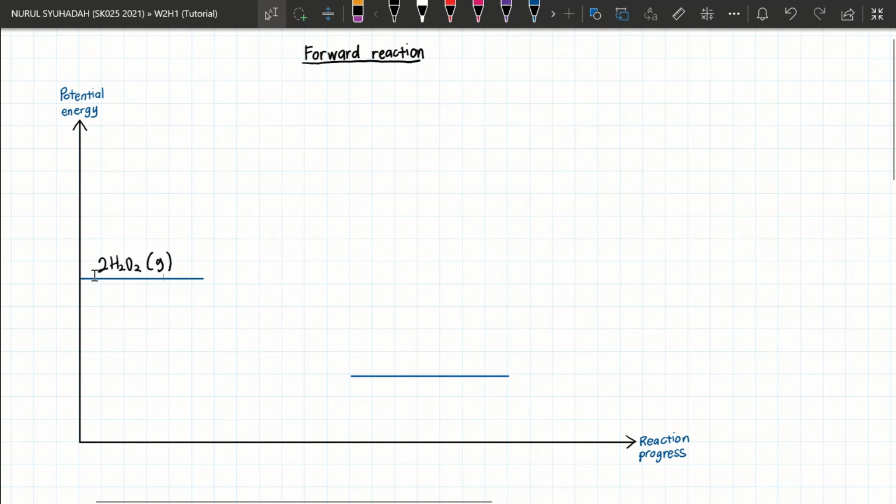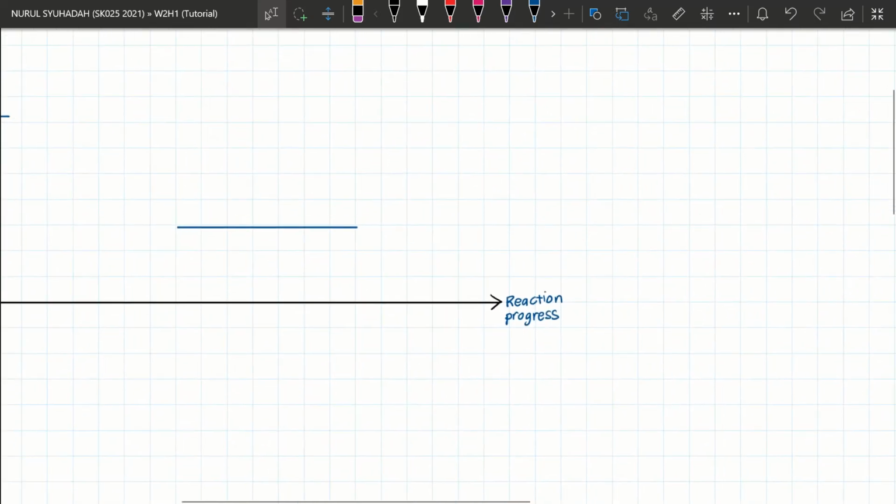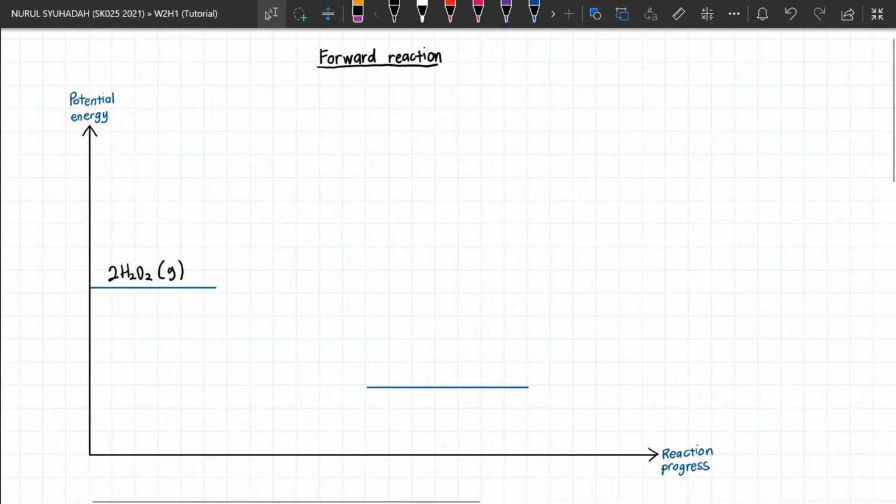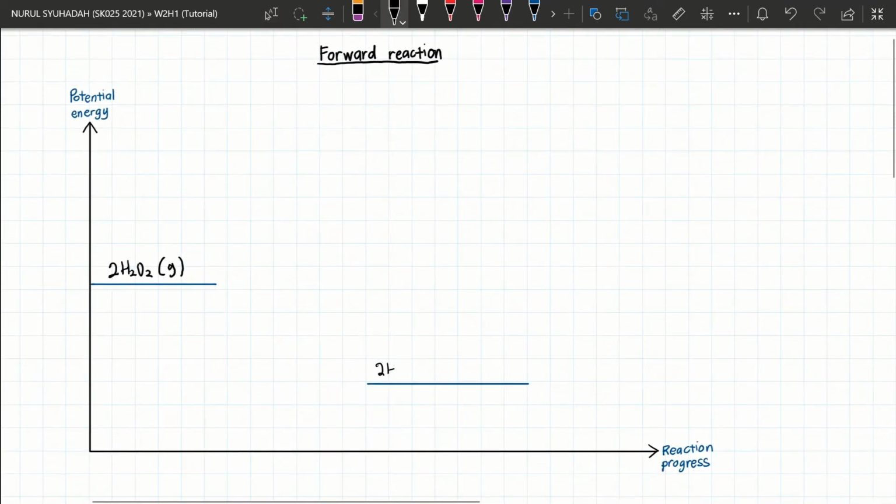So the question already gives you 2H2O2, so you need to write down 2H2O2. And for the product, you will write down 2H2O liquid plus O2 gas. Okay, reactant, product. You don't have to write down this is the reactant, this is the product. Just write down what is the reactant and what is the product.